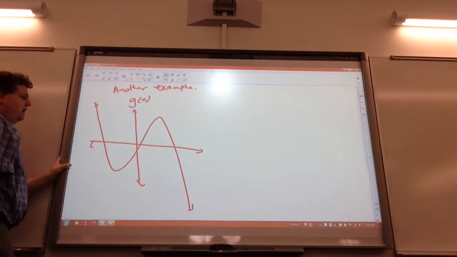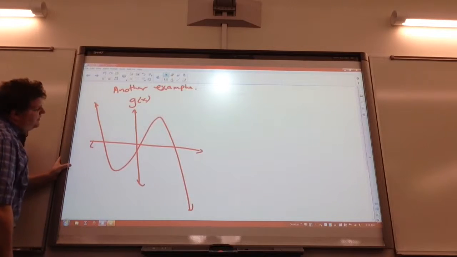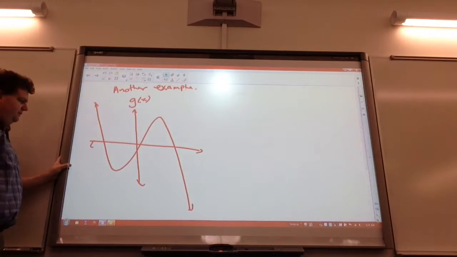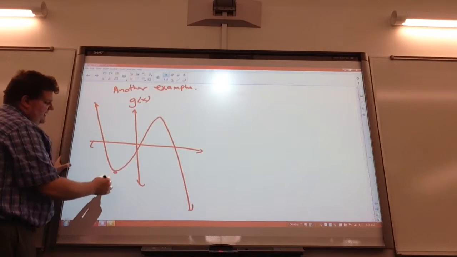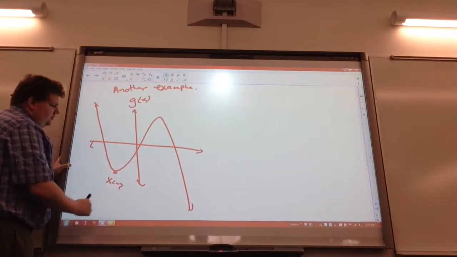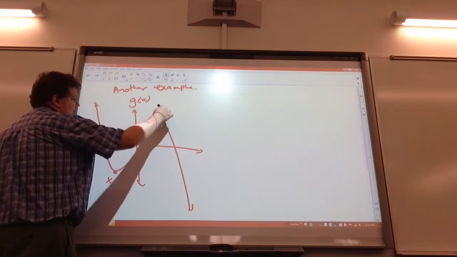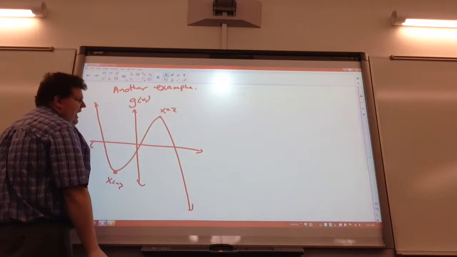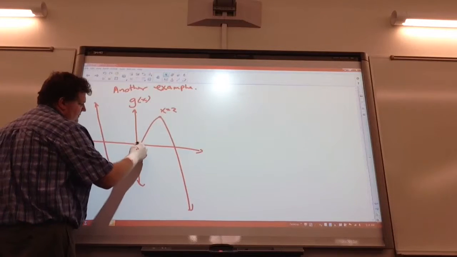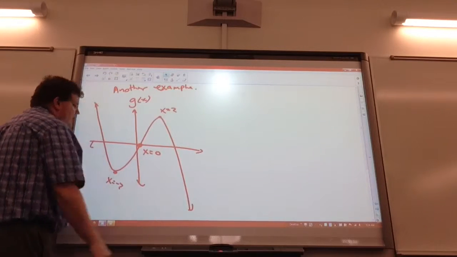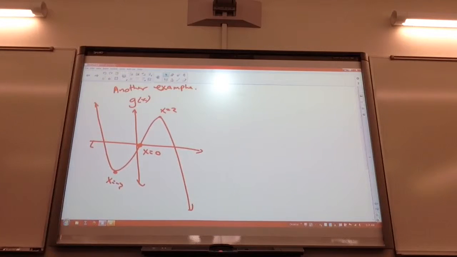The things I'm going to note on g of x: I'm going to note this point right here, where x is equal to -2. We'll make this x equals +2. And for the heck of it, I'm going to mark one more point where x is equal to 0, right there in the center.